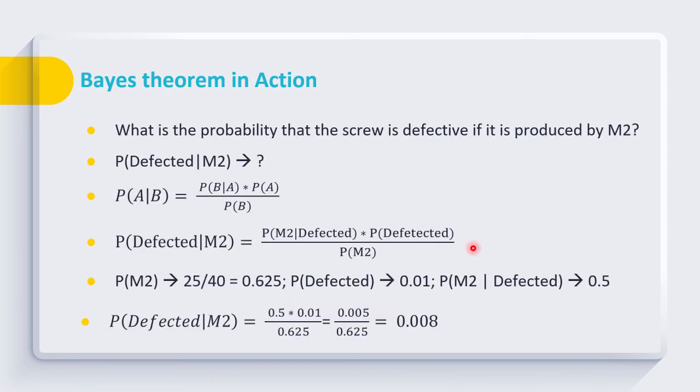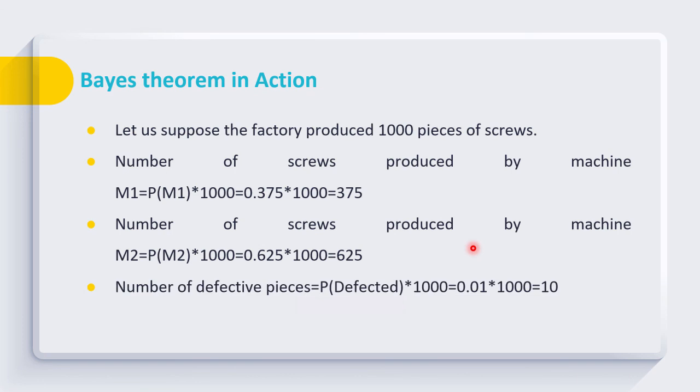This is the same value which we have calculated by using the Bayes theorem. So this clearly states that Bayes theorem is very useful to find out the conditional probabilities of X given Y or A given B. And in this case, we have calculated the conditional probability of defective given M2. It means we have proved this by considering actual numbers.